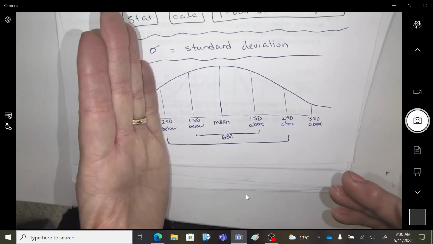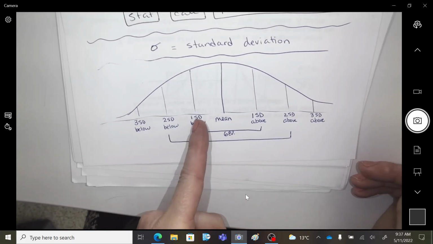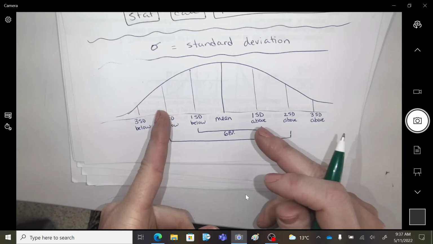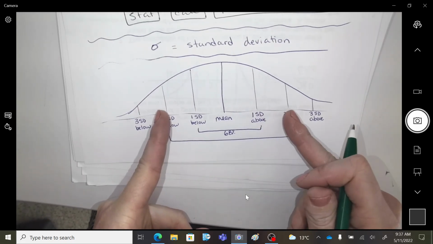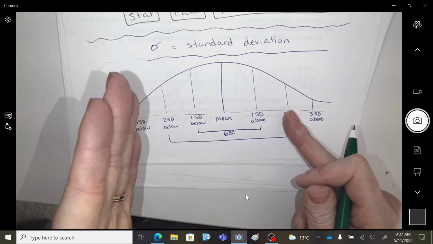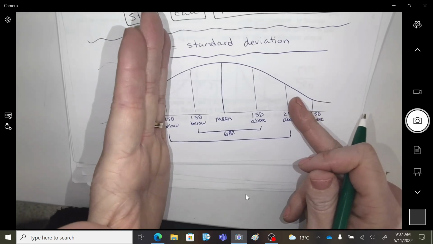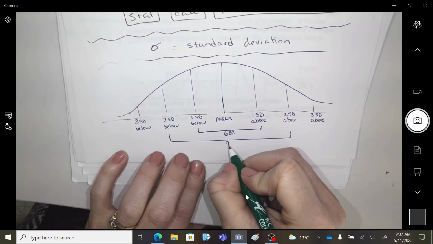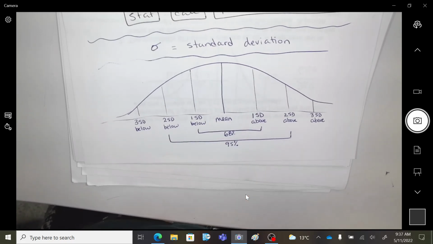So from this score, in my case this was 70, 65, so this is 60, and this was 75, 80. So between 60 and 80% on the test, 95% of my students scored.